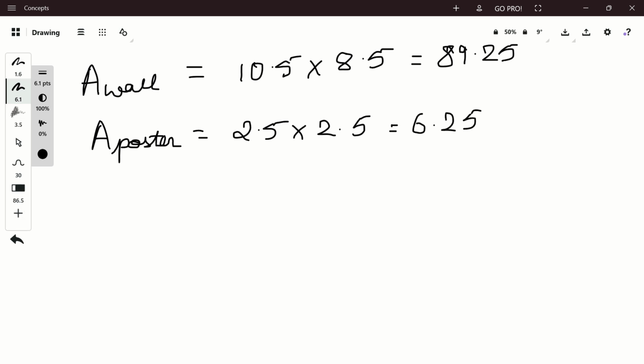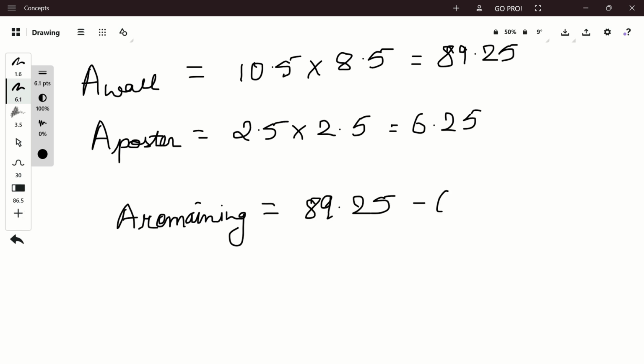The remaining area is equal to area of wall minus area of poster, which is equal to 89.25 minus 6.25, which is equal to 83 meter square.